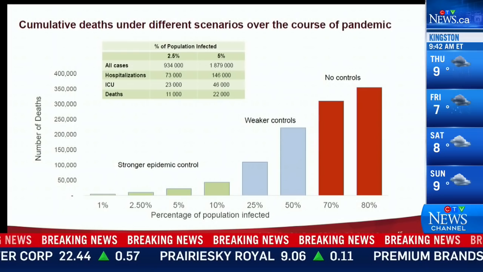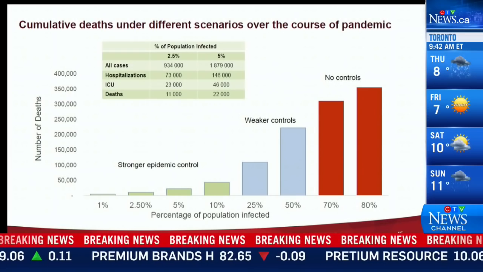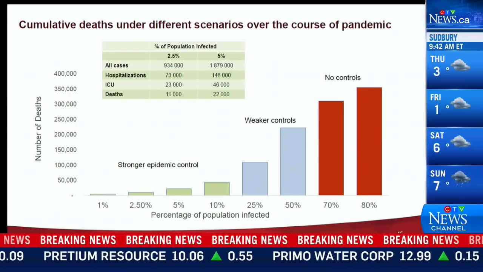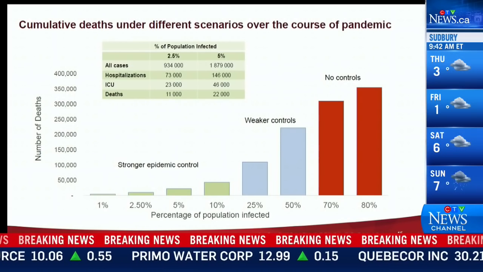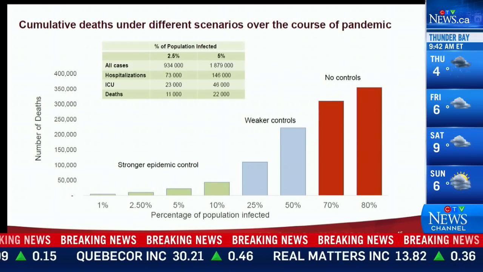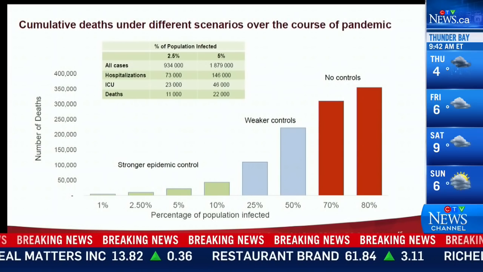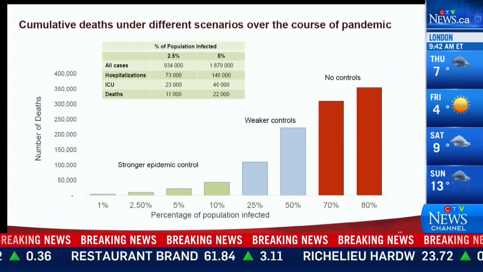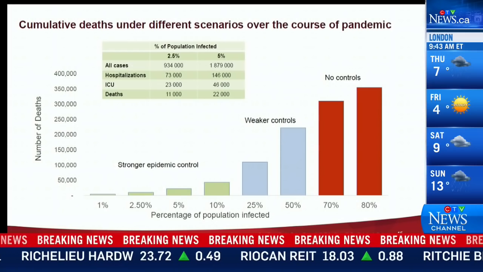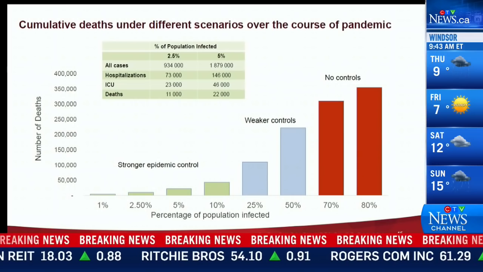On the x-axis, you have the percentage of the population infected, and on the y-axis, the number of deaths.